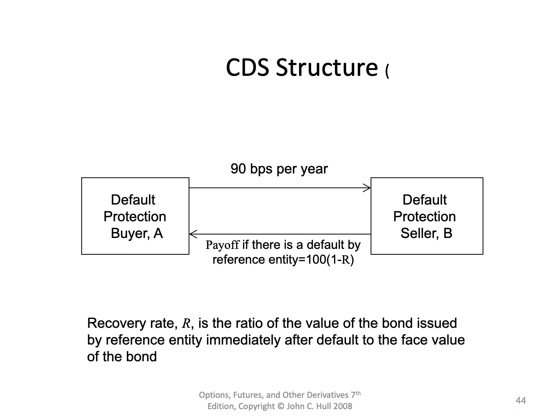Buyer A is getting default protection and paying 90 basis points per year to the default protection seller, B, and receives a payoff if there's a default by the reference entity equal to 100 divided by 1 minus R, multiplied by 1 minus R. Now the point is, the actual buyer of the default protection doesn't necessarily have to even own the bonds which may default.